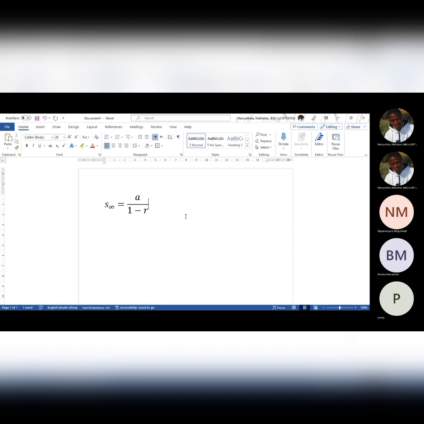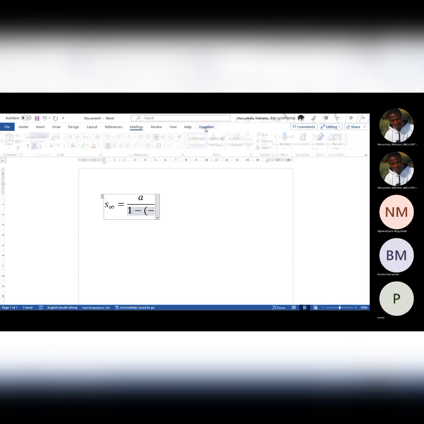And always remember, where the ratio is negative, as you see above in the formula we have 1 minus 3 again, and then the value of r that we had was negative something again.